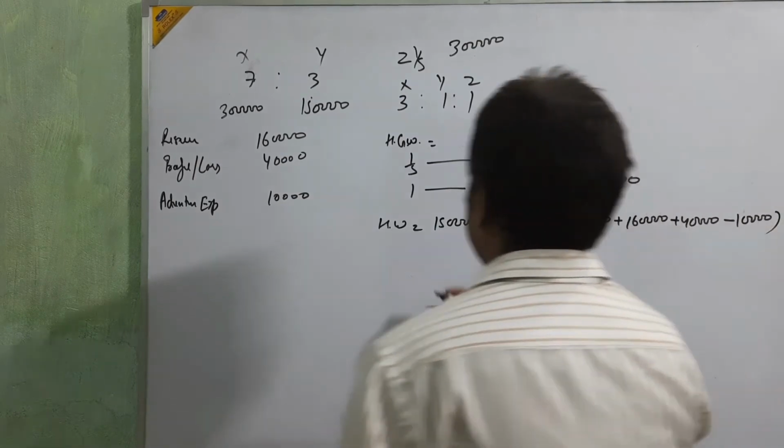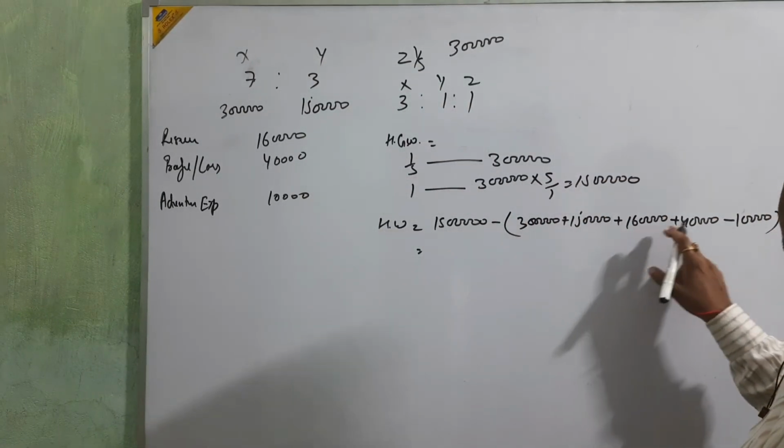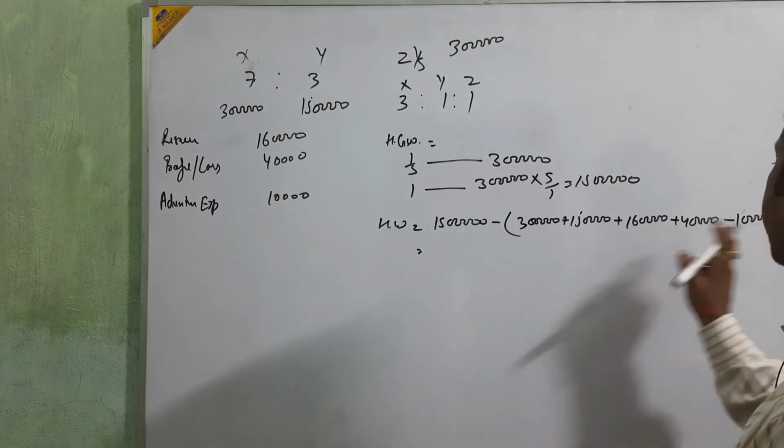Then what amount is coming? 3 lakh, 4 lakh, 5 lakh, 6 lakh 50,000, 6 lakh 40,000.